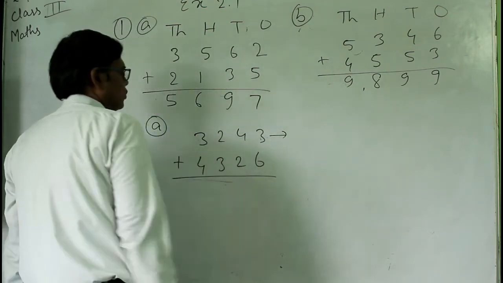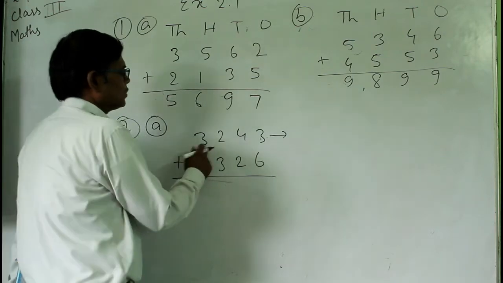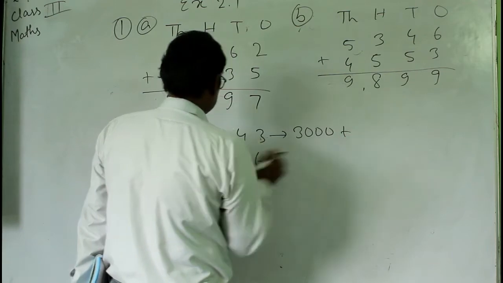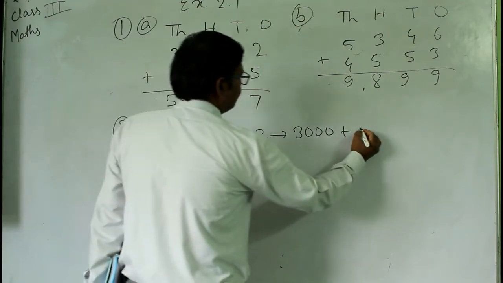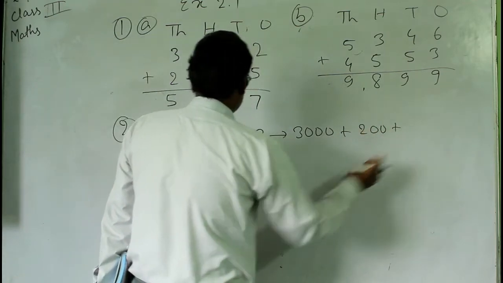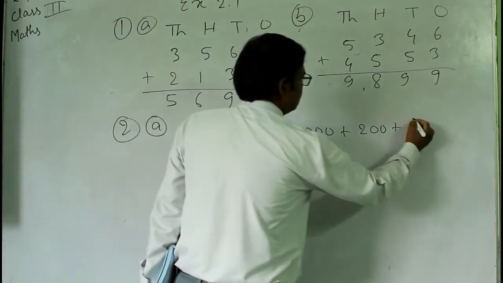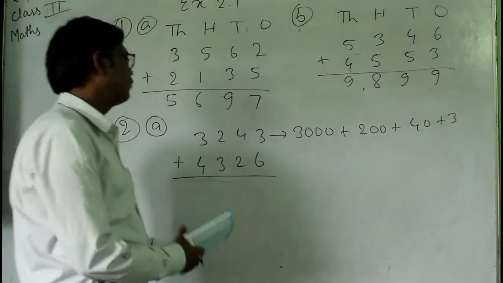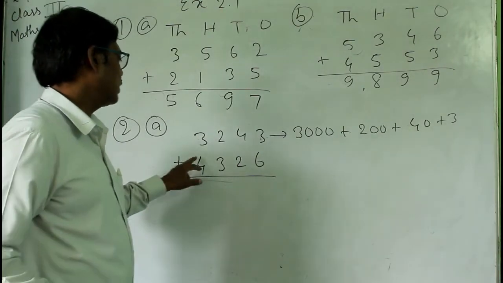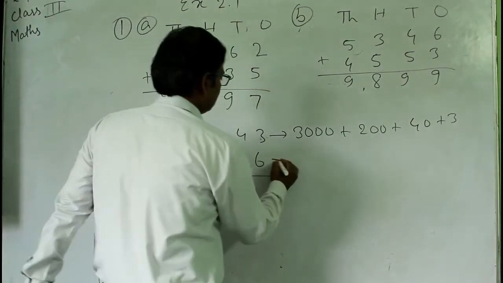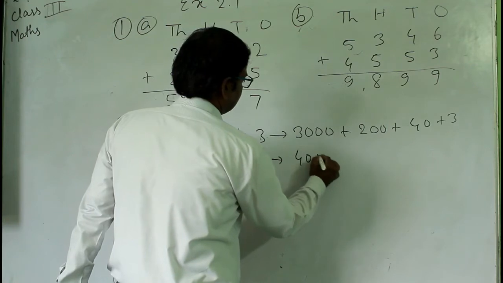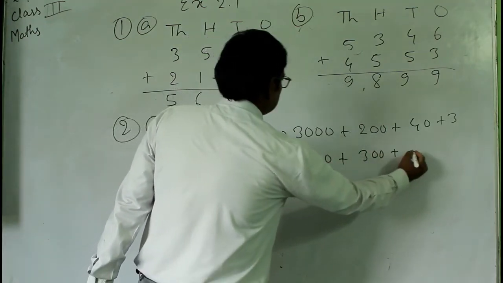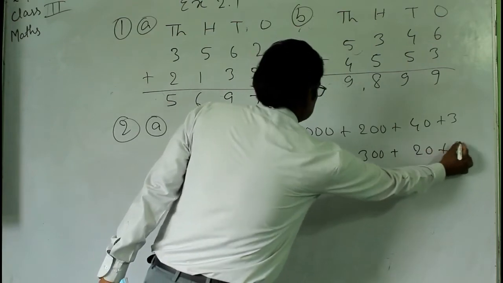So this 3 is at the thousands place, so it will be 3,000 plus 200 plus 40 plus 3. So this is the expanded form of this number. Now expand this number, it will be 4,000 plus 300 plus 20 plus 6.